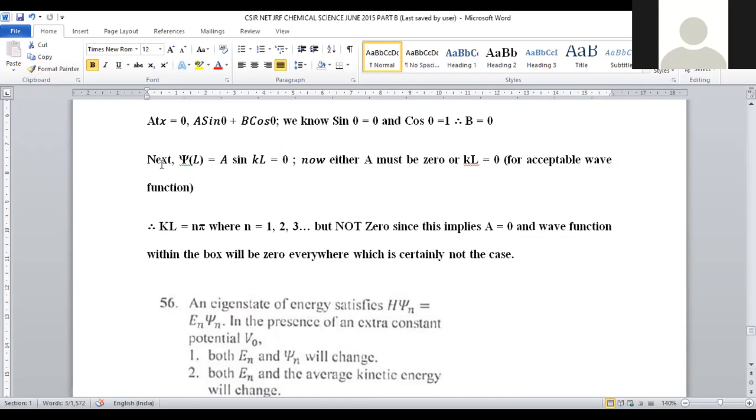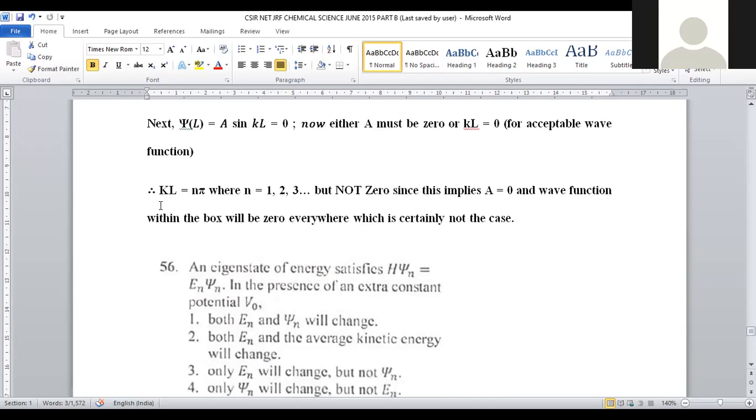If we substitute that, psi is equal to a sin kL equal to 0. So kL equals n pi, where n is 1, 2, 3. So n is a quantum number. It will not be 0. Its values are always integers only.